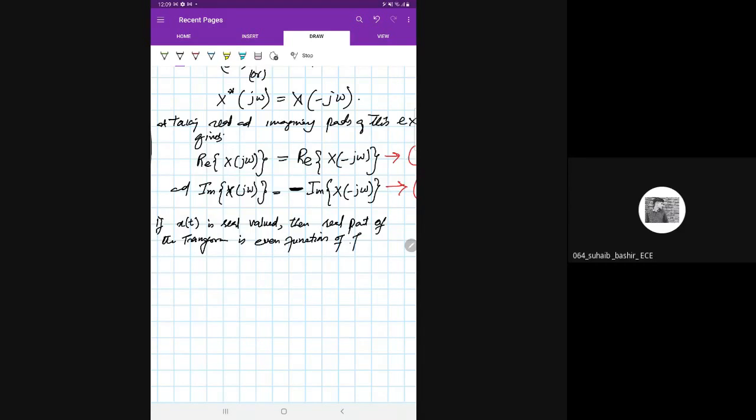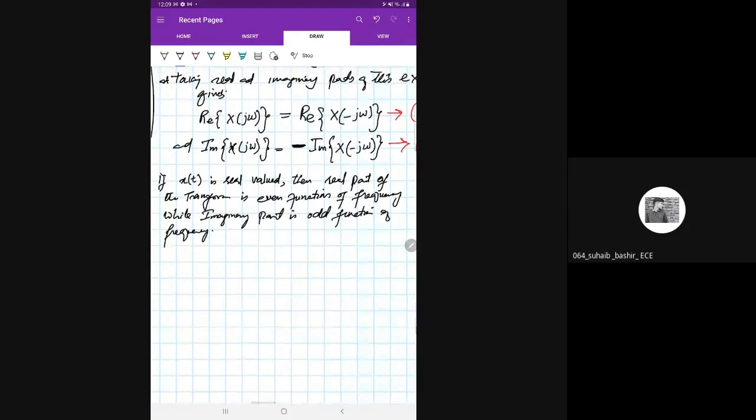Even function of frequency, because it is all a function of frequency, while the imaginary part is an odd function of frequency. So we know that the real part gives us the magnitude spectrum, and the phase spectrum is being given by the imaginary part, basically. So we can now write down, hence, the magnitude spectrum.